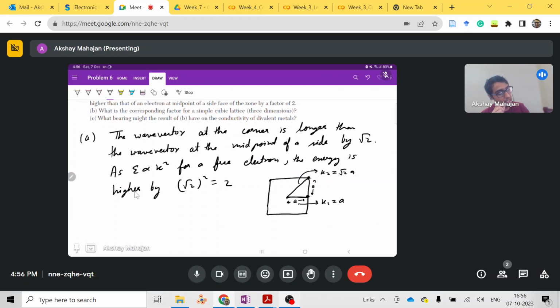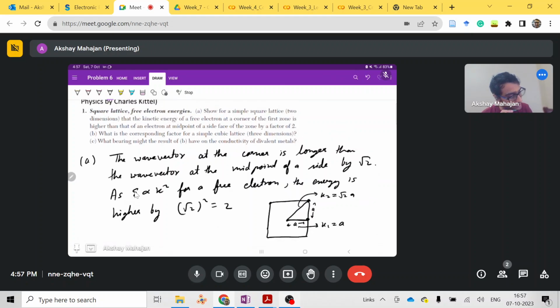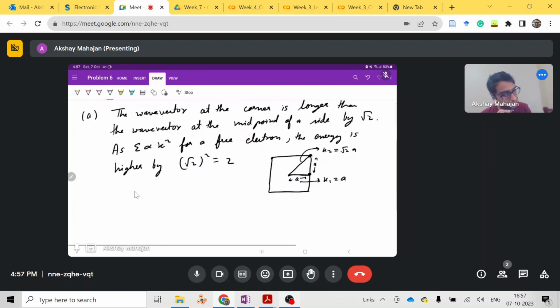So the k vector at a corner will have a magnitude root 2 times larger than the k at the midpoint of the face, and since the energies are directly proportional to k squared for a free electron, the energy will also be root 2 whole squared times higher, which comes as 2. So that's why the kinetic energy of the electron at this k point will be 2 times larger compared to the electron which has the k point here. I hope this is easily understood.